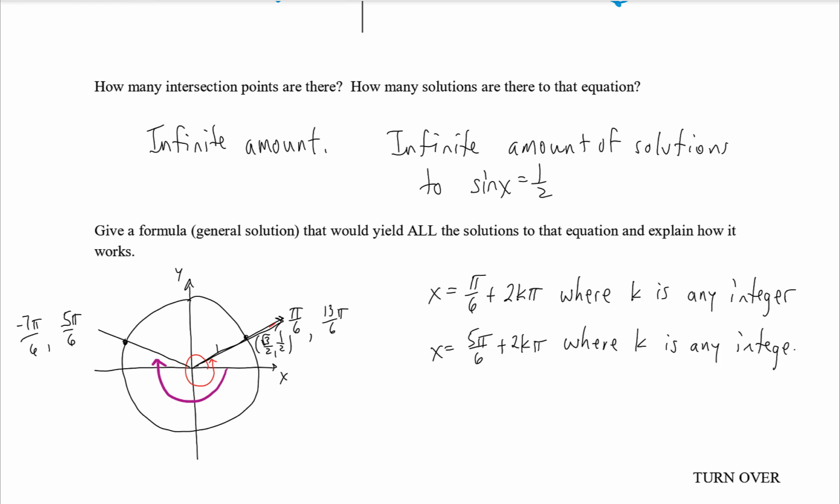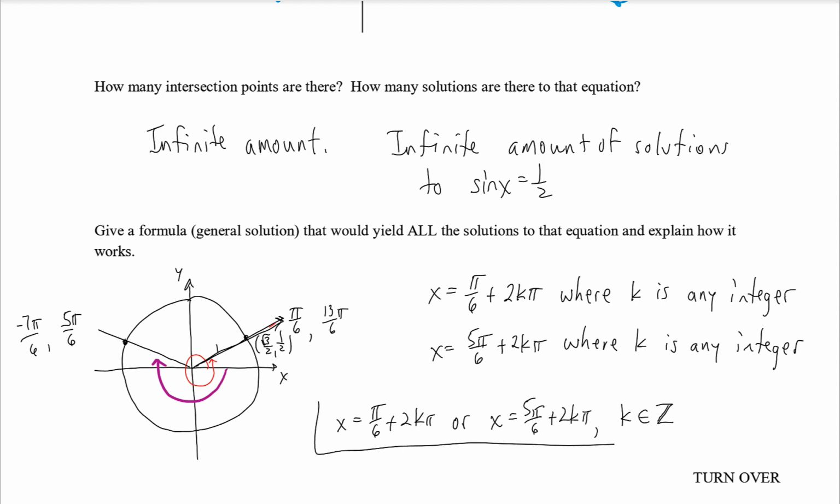Now that's a lot to write down. So a slightly quicker way would be to say x is pi over 6 plus 2k pi, or x is 5 pi over 6 plus 2k pi, comma, k is an element of the integers. So we could write it like that.